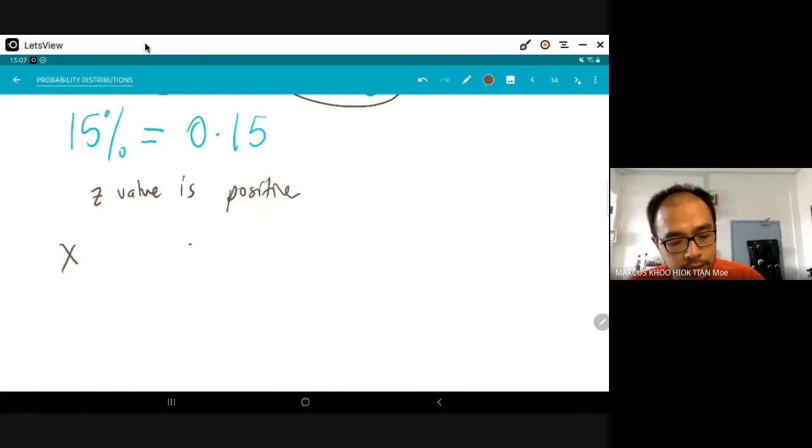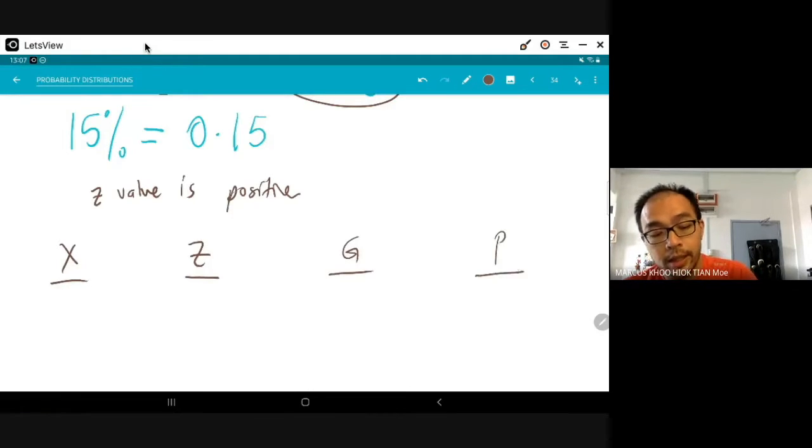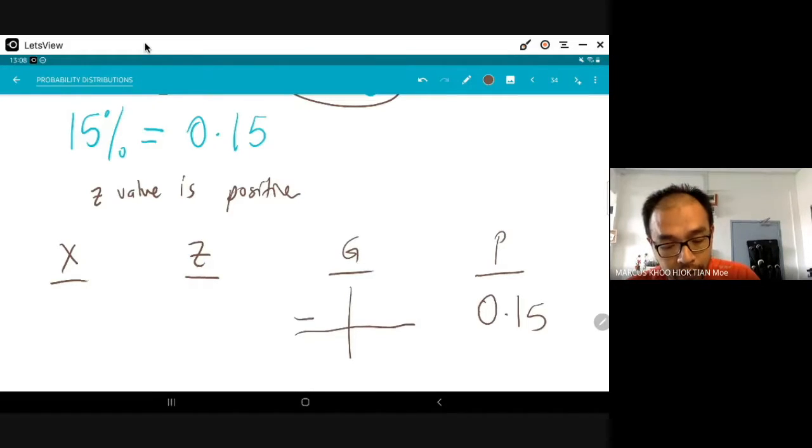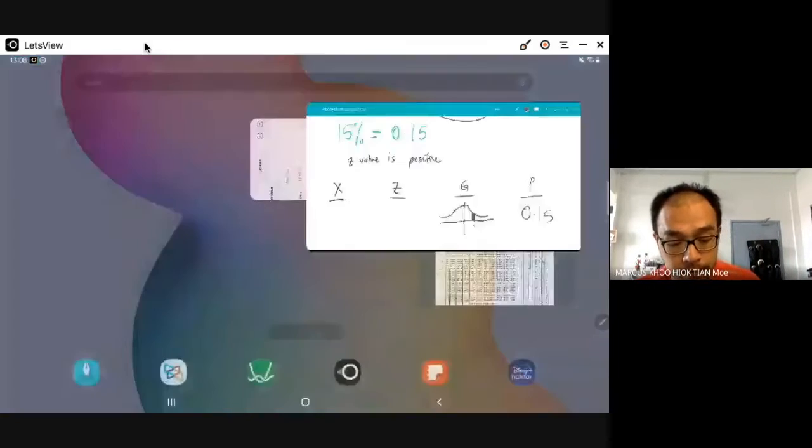X, Z, same thing. Graph, probability. Now they give you the probability 0.15. We know that the Z value is a positive value, so it's somewhere here. How do we find the Z value? We go back to the table.